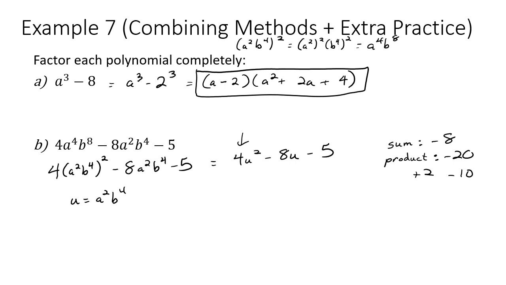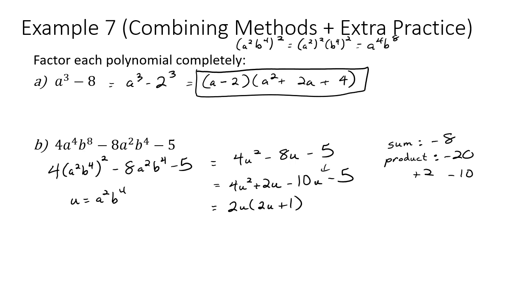2 probably pairs better with the 4. 10 probably pairs better with the 5. So I'm going to write this as 4u squared plus 2u minus 10u minus 5. Factor by grouping. If I pull a 2u out of the first two terms, that leaves me with 2u plus 1.